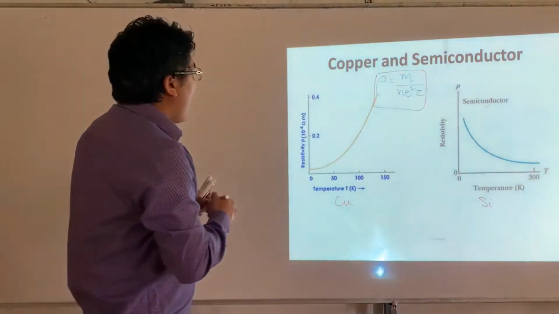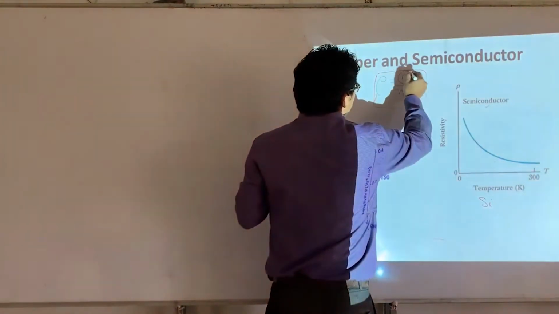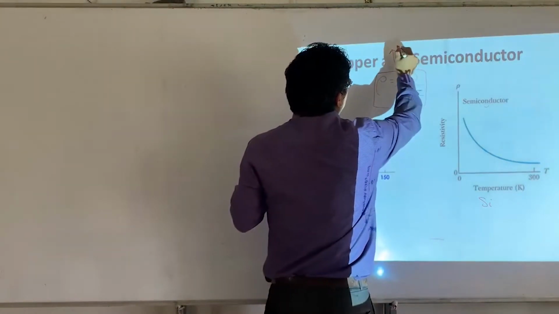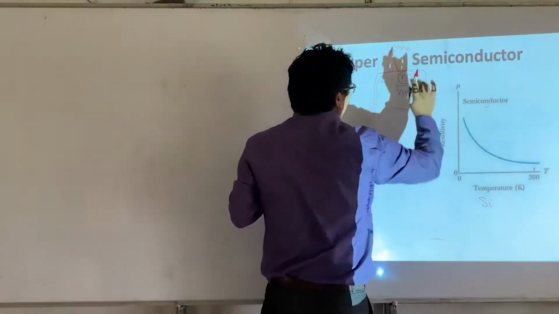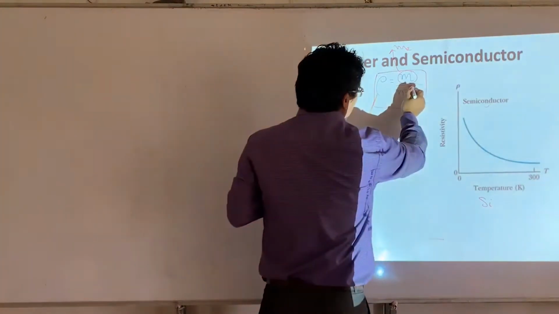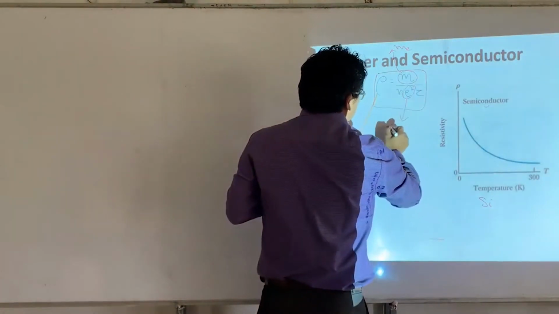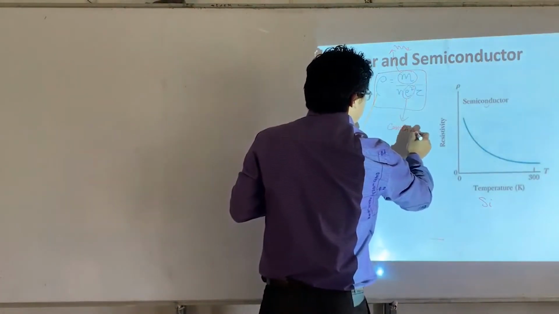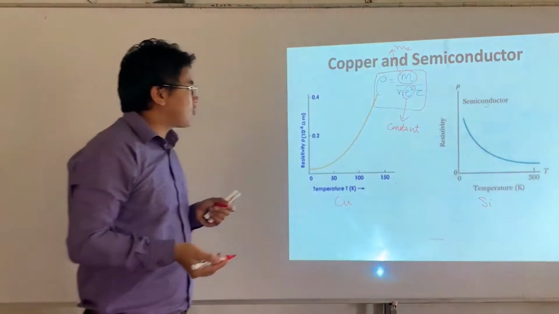Look here, this is constant. Why? Because for copper, this is the mass of the electron, which is constant. And this is also constant, that is the charge of the electron.